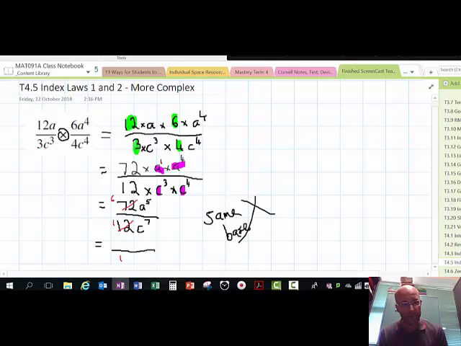So we've got on the top 6 a to the 5th, we have 1 on the bottom and a c to the 7. We don't really need to write that 1, so I'm going to go over the top of that. That's just the c to the 7. So we have 6a to the 5th over c to the 7 simplified.